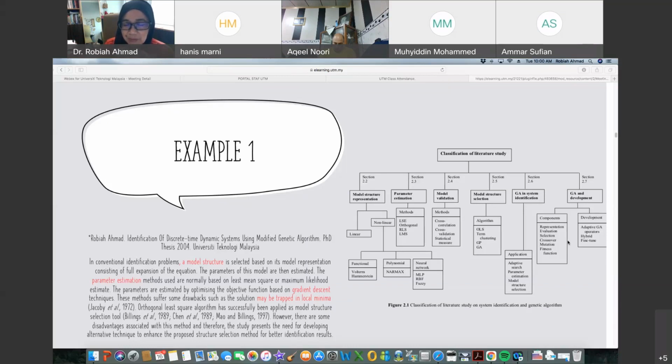Because sometimes I have a very hard time to understand what is actually the student is trying to tell me, because I don't understand the structure of the literature review that he or she wrote. So this is very, very important to get it straight on the literature review on the topic that you are into. Can everyone?